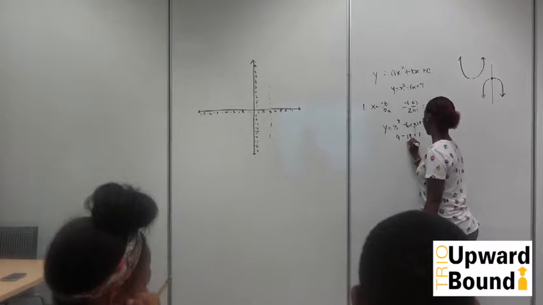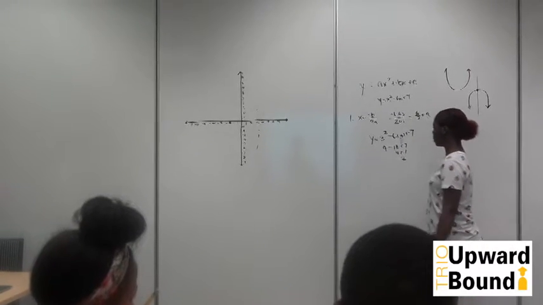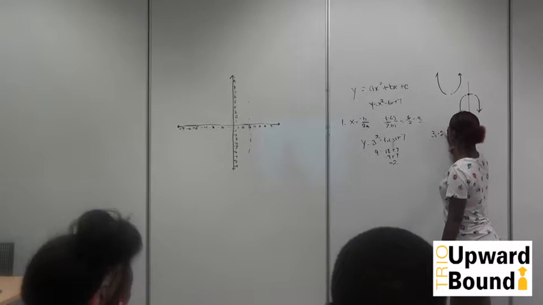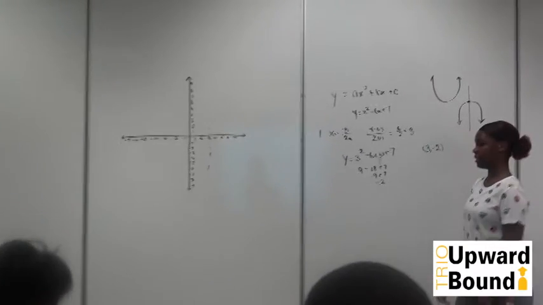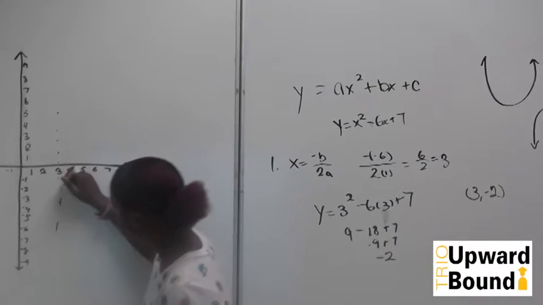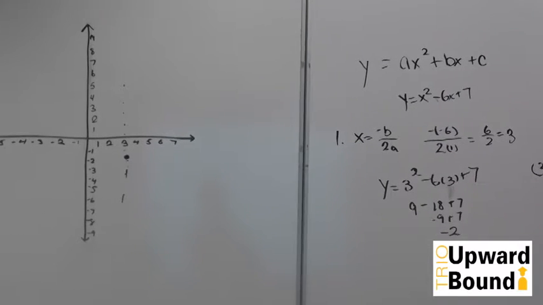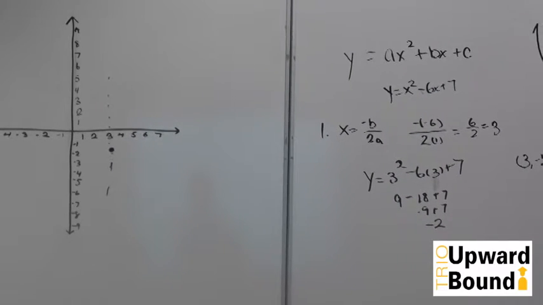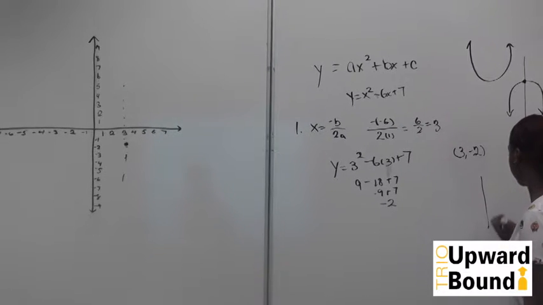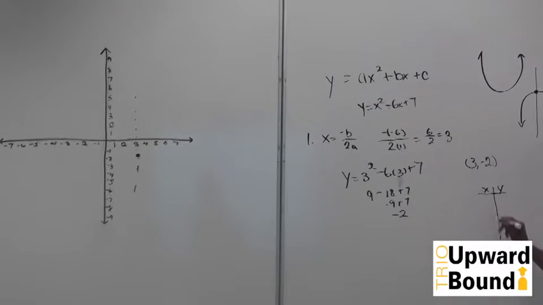And we will get a -2. So we have 3 and -2 as our vertex. We have 3 and -2 right here will be our vertex. So now we need to find 2 other points to graph the rest of our parabola. So we will be using a t-table with our first points as 3 and -2.